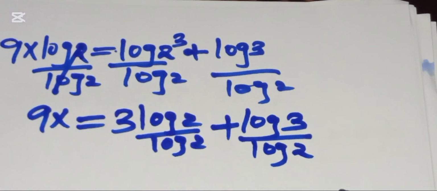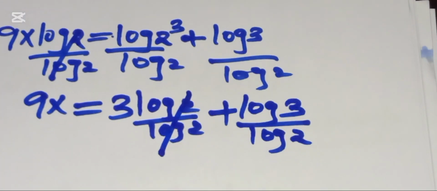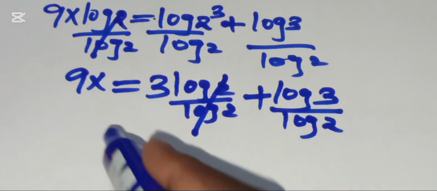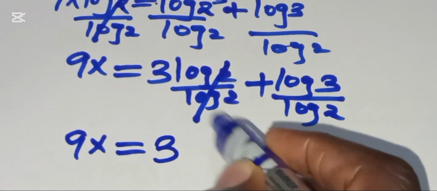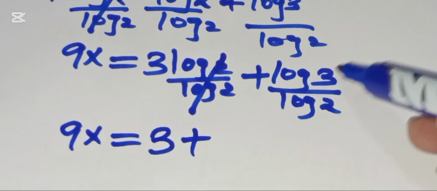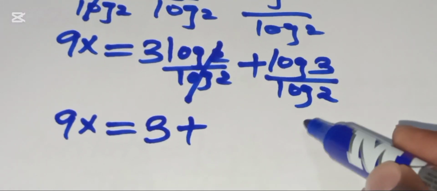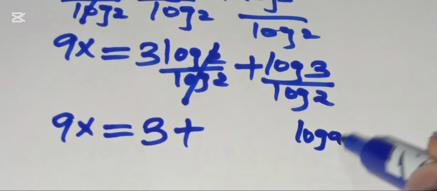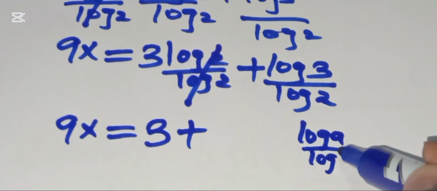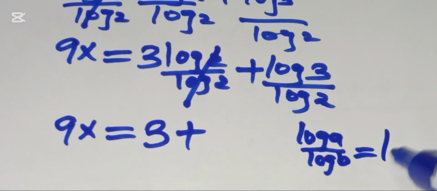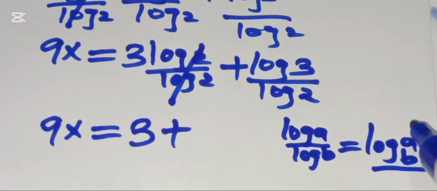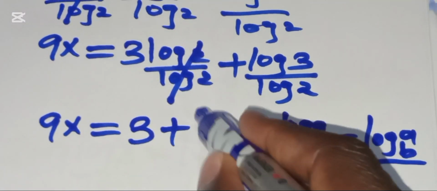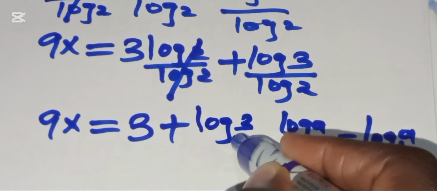If you check here, log 2 and log 2 simplify, so that we're going to have 9x equal to 3 plus log 3 divided by log 2. This is in the form of log a divided by log b, which we can express as log a to base b. So let's apply this property. We're going to have log 3 to base 2.